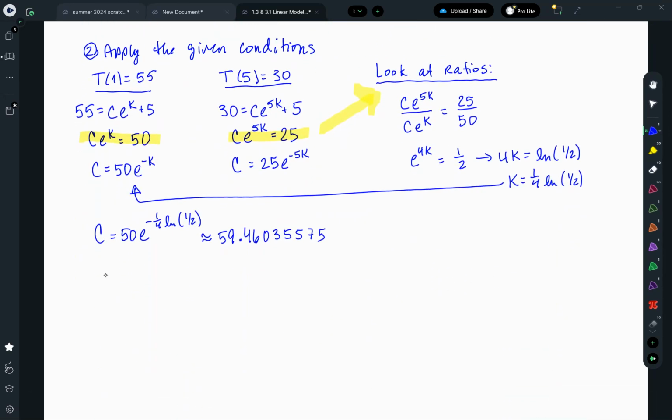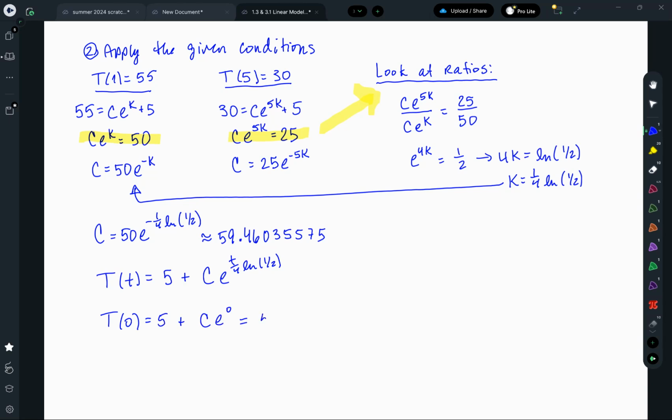Do we have enough? Okay, we know T of t is equal to 5 plus c, which I'll leave as c, and then e to the kt, where k is 1/4 times the natural log of 1/2. So that means we can calculate T of 0 is 5 plus c e to the 0.